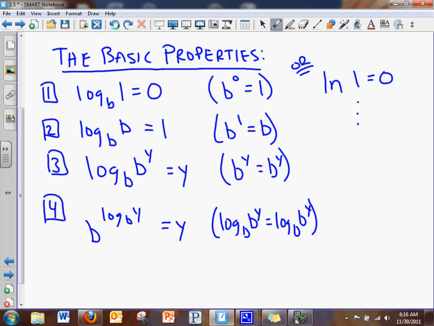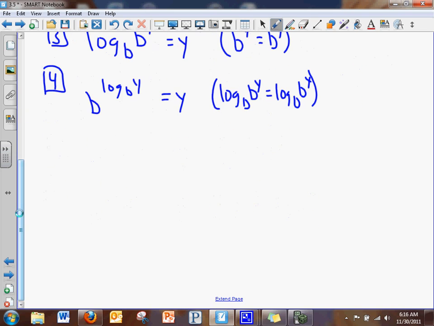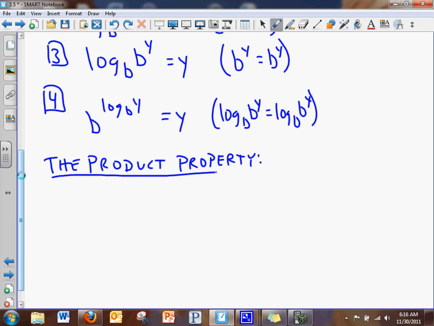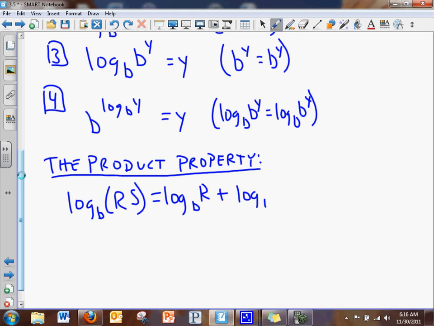All right, let's keep on going. Last class we learned the following. Next one we'll call the product property. For a log, it doesn't matter what base it is, if two things are being multiplied inside the log, we can split it up and add two logs together: log of r plus log of s.